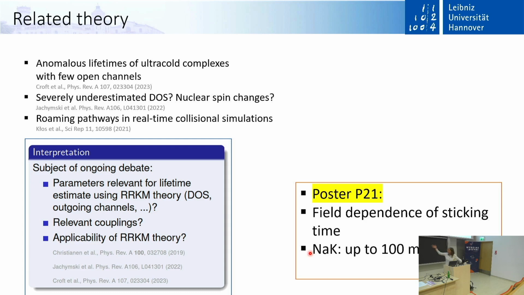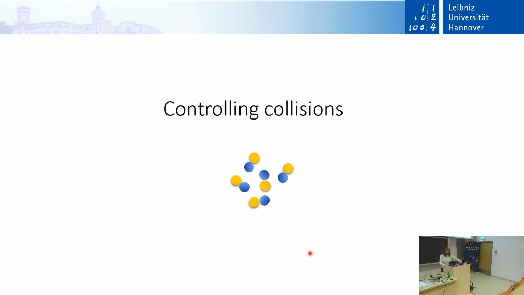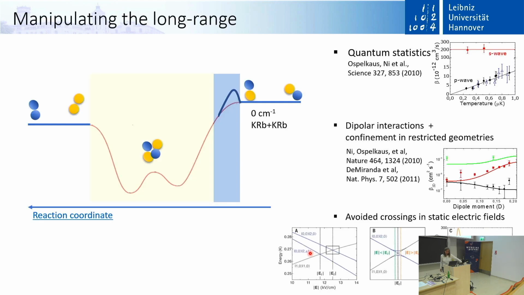Nevertheless, we have to live with those strong losses, and we would like to control those collisions to prevent the molecules from undergoing strong losses. We started with this controlling of collisions already at Schiller, the idea being to just manipulate the long-range potential between two molecules, introducing a small collisional energy barrier to prevent the molecules from getting close enough to each other to undergo whatever loss mechanism.